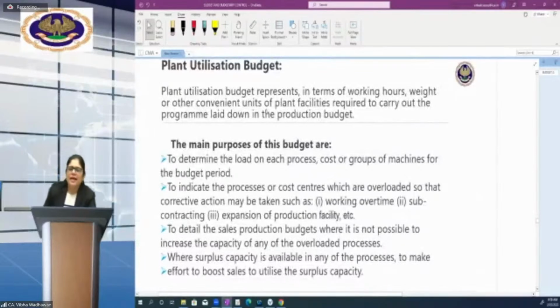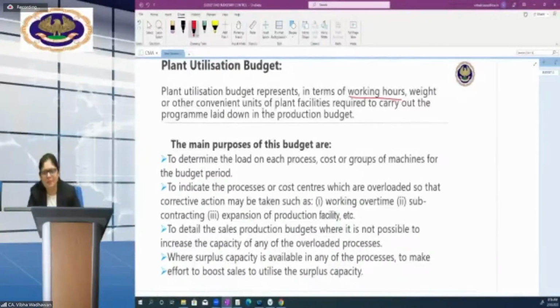Plant utilization budget. Plant utilization budget in terms of working hours. Plant utilization budget means how many budgeted hours we are expecting to utilize, how many machine hours we are expected to have, how many labor hours, whether semi-skilled, skilled or unskilled labor hours. So how many hours or how many weight or how many units of the plant we are expected to utilize.